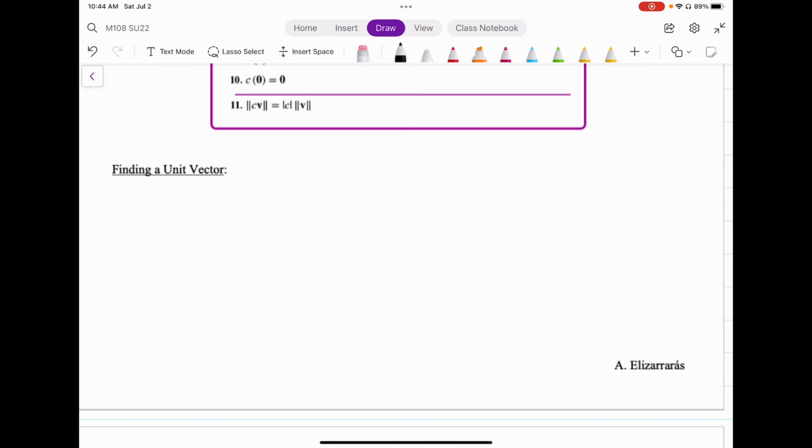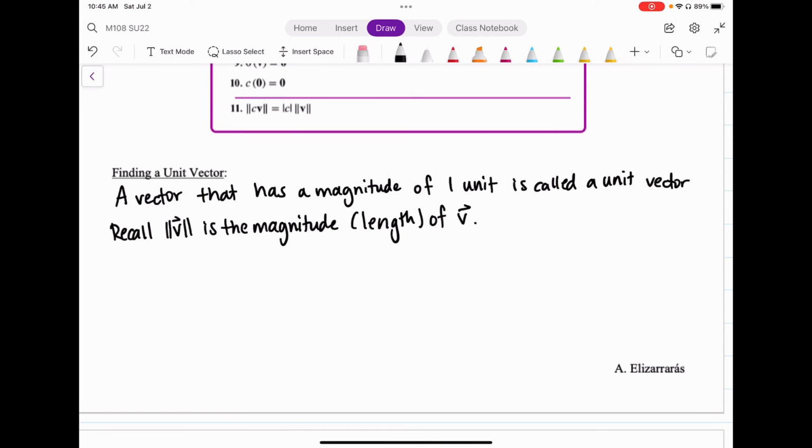A vector that has a magnitude of 1 unit is called a unit vector. And finding a unit vector in the same direction as a given vector is definitely an important skill to have. Because the magnitude is the length of the vector v, in component form, that is angle brackets with a, b. We can use that to calculate the magnitude.